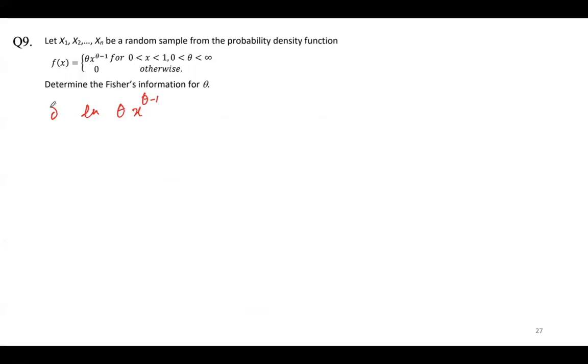Let's do a single differential of this whole thing. When you take the natural log of a product of two different things, you can write it as ln of theta plus ln of x^(theta minus 1). Please let me know if I'm making a mistake somewhere.